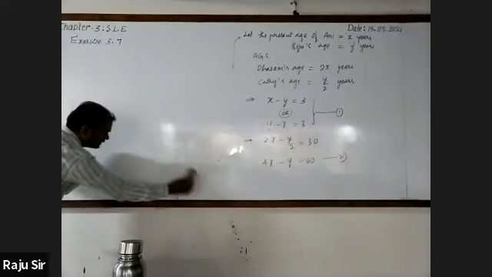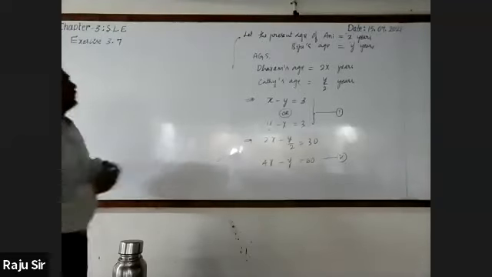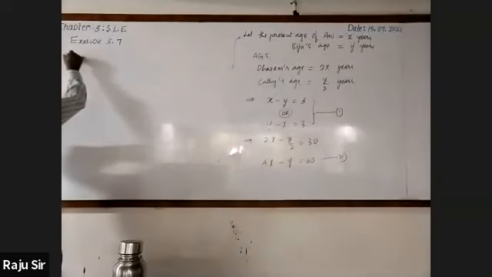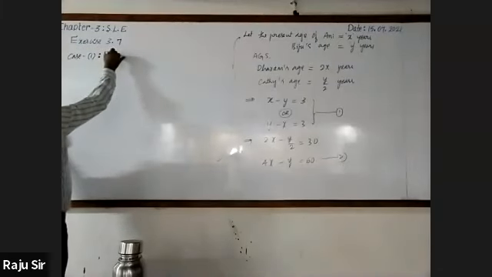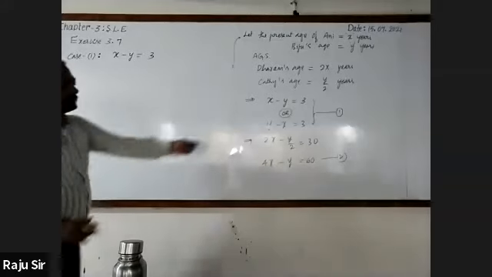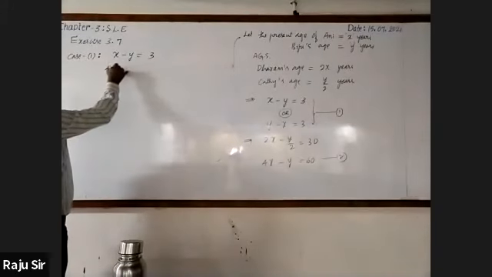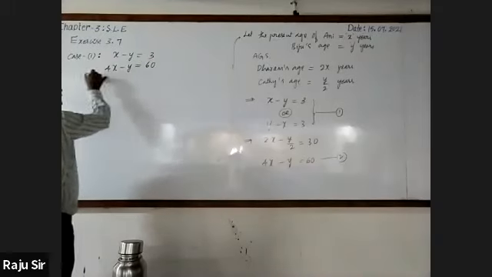In the first case, I'll take the equation X minus Y equal to 3 as the first equation, and the second equation is 4x minus Y is equal to 60.